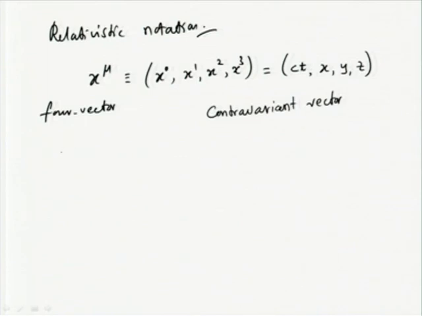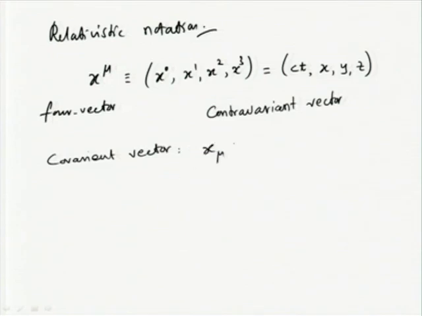Now, the vector when we write with the index as a subscript, it is called a covariant vector.